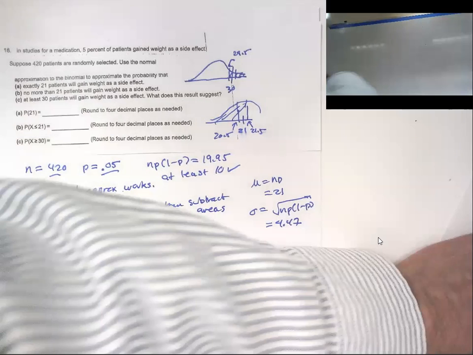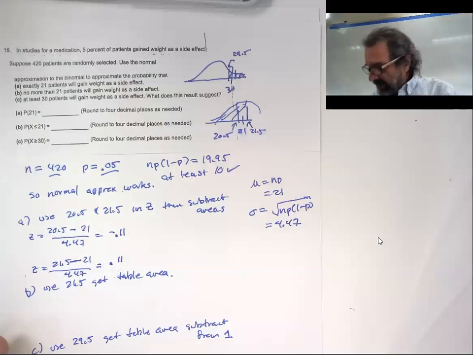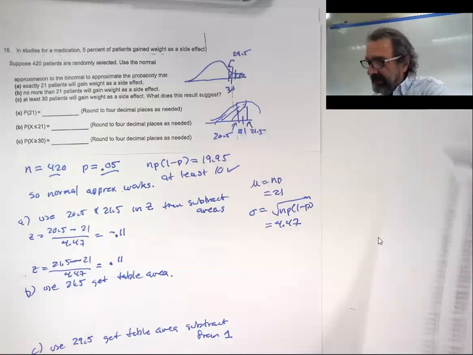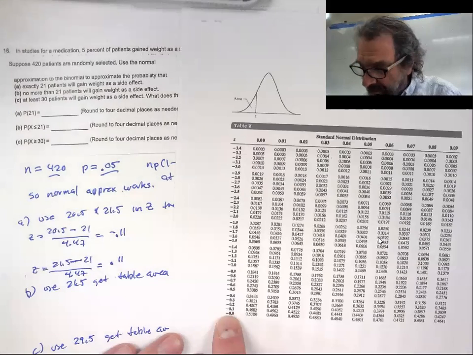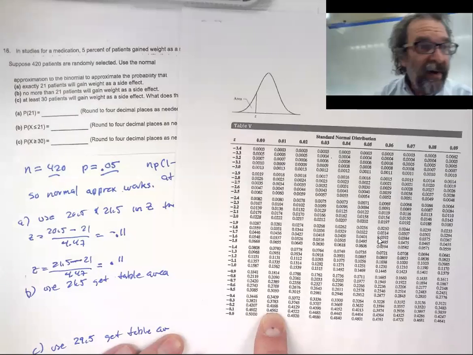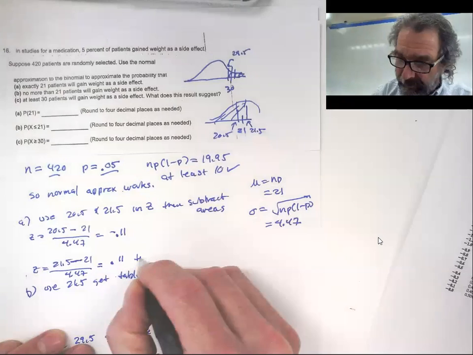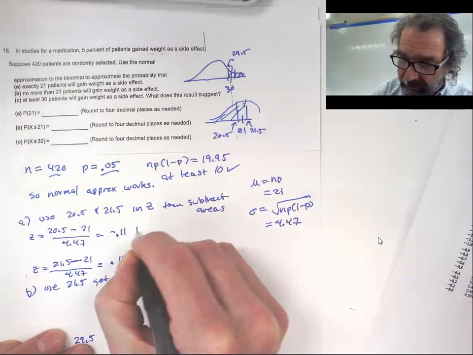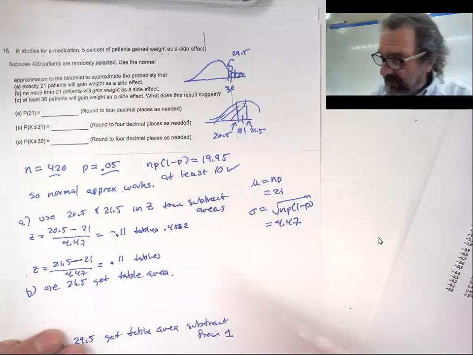We just had an avalanche, but I'm not going to worry about it. We're in the tables, looking at 0.11 and minus 0.11. Minus 0.11 is right here, 0.4562.